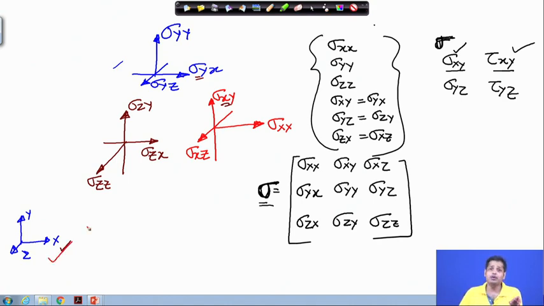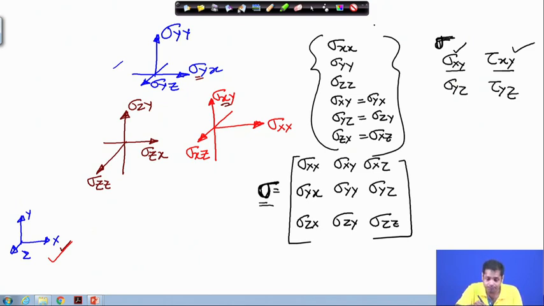But if I change the coordinate system, then what will happen? The representation of the stress with respect to a different coordinate system can still be represented in tensor form, but the components of this tensor will be different, because the reference frame, the reference axes with respect to which these components are calculated, is now different.